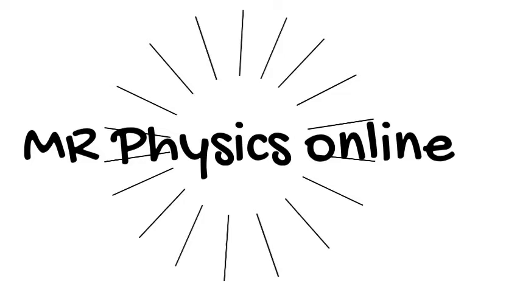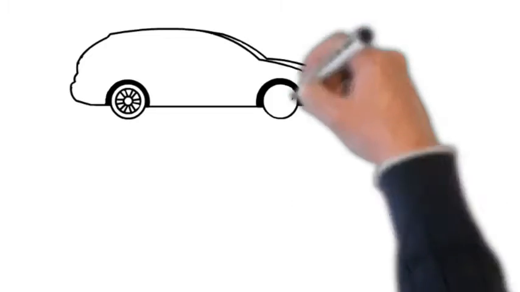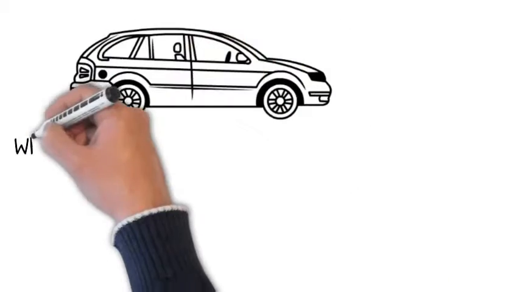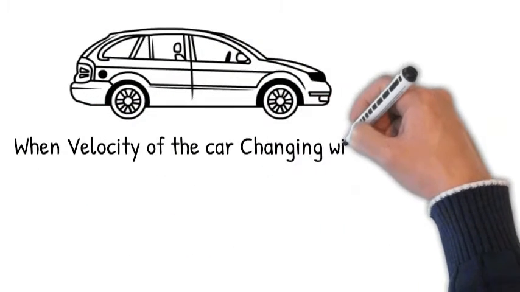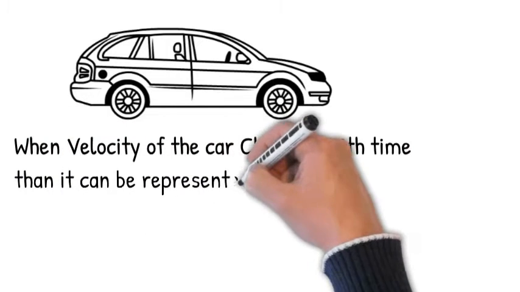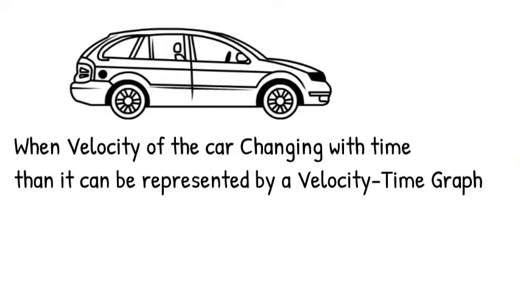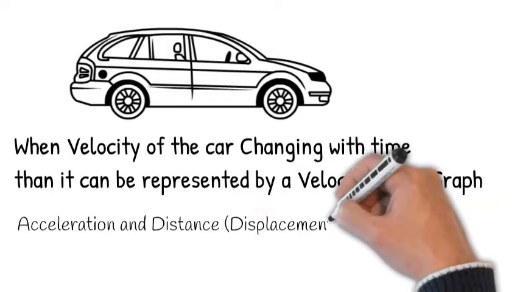In today's video, we will discuss velocity time graph. For example, when velocity of the car changing with time, then it can be represented by a velocity time graph.